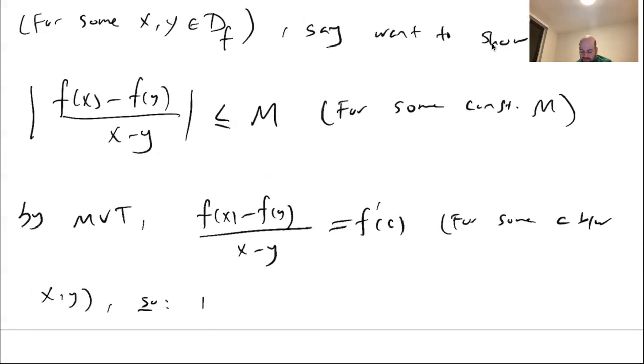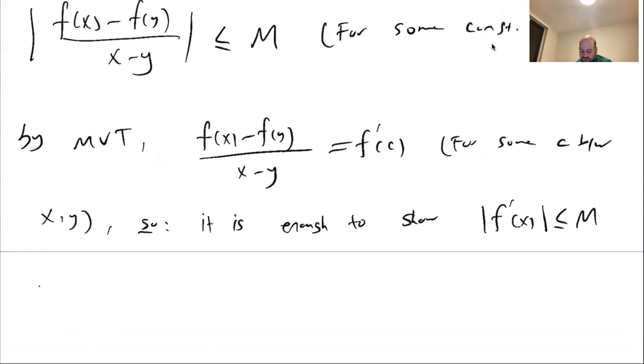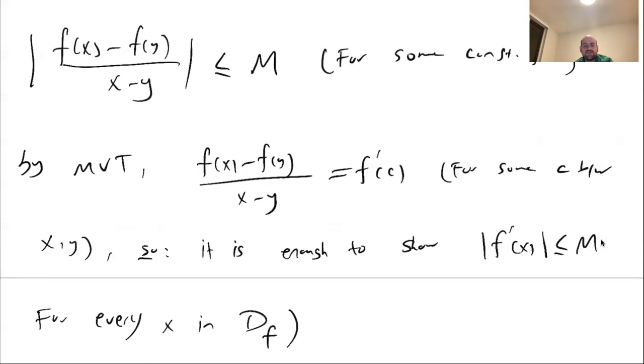So it is enough to show that the absolute value of f prime of x is less than or equal to m for every x in the domain of f, right? If you show this, let's assume this is easy to prove, that the absolute value of f prime of x for every x in the domain is less than or equal to m.